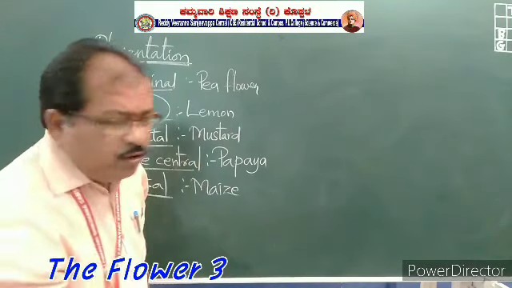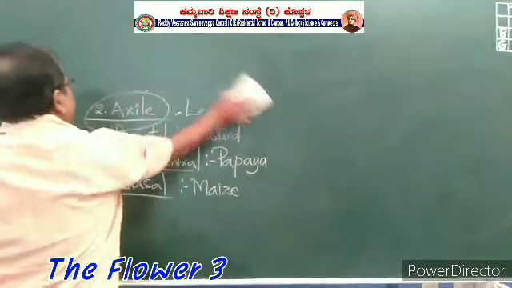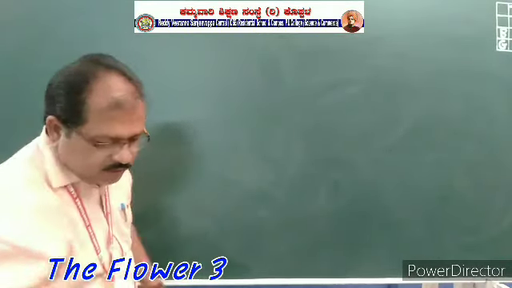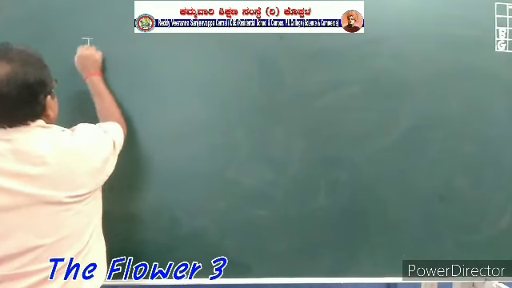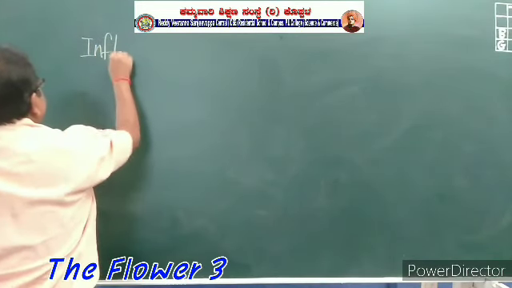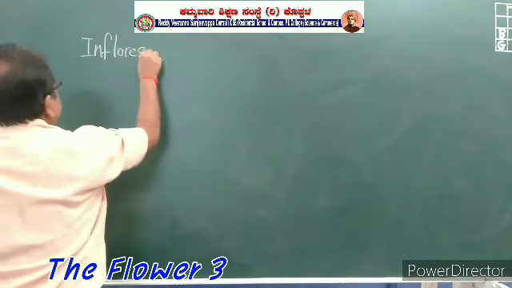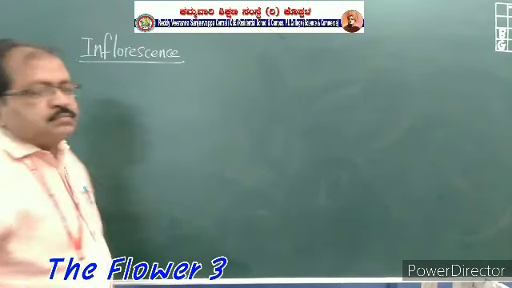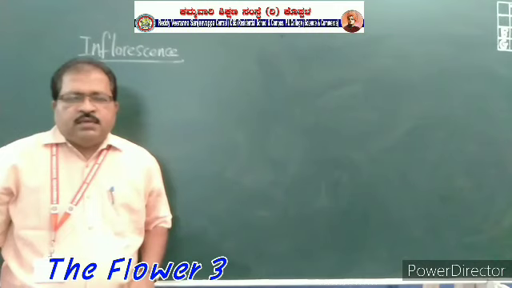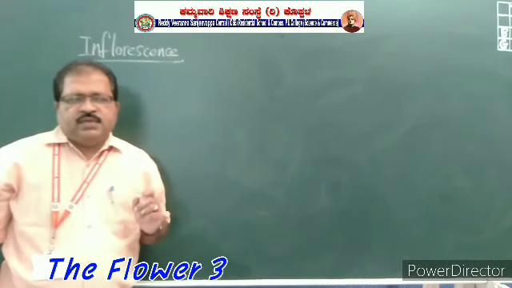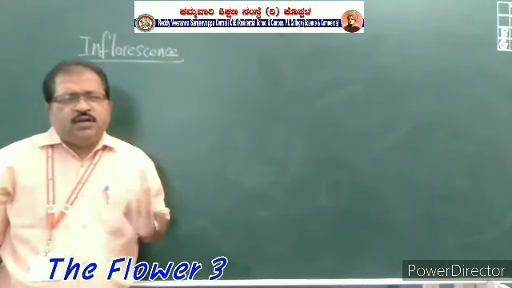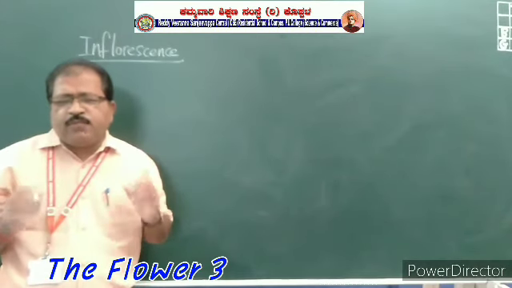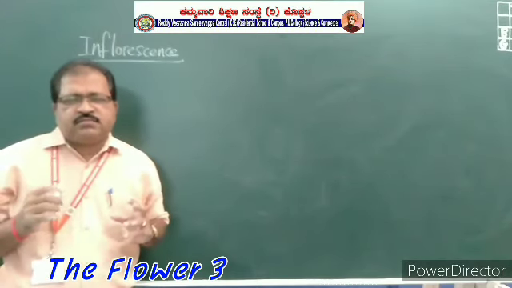Okay, now we will discuss one important point about flowers, that is inflorescence. Usually you might have seen flowers grow or bloom on the stem or branches of the plant.